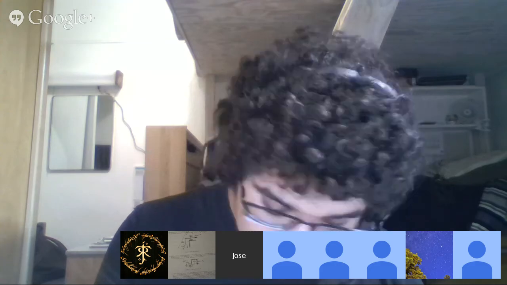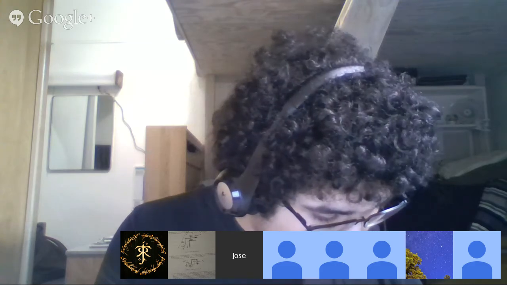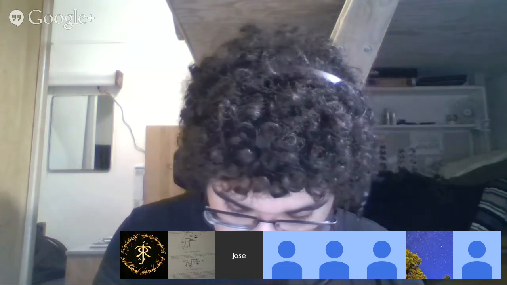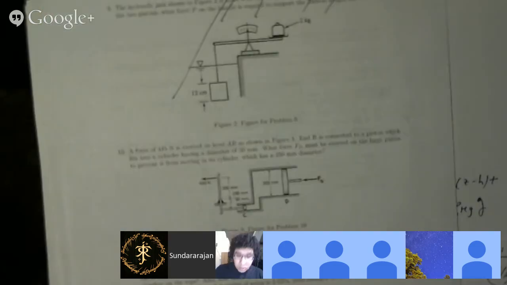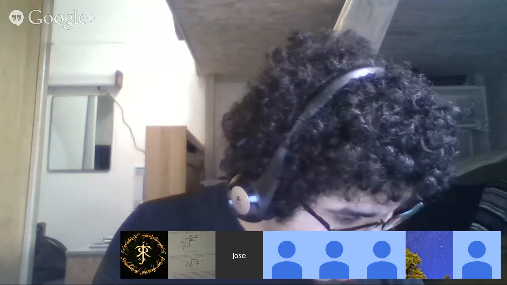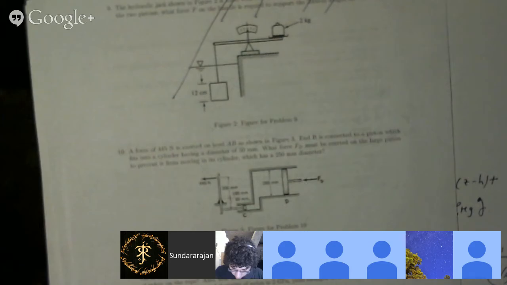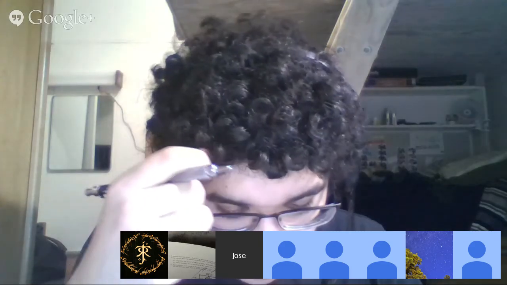So the diameter would have to be 0.016 meters. Isn't this 0.016 meters? Yeah. 16 millimeters? Yes. Really? Maybe I didn't convert it properly. So what I did is you said factor of safety of 2, so I did 2 is equal to yield over the stress.